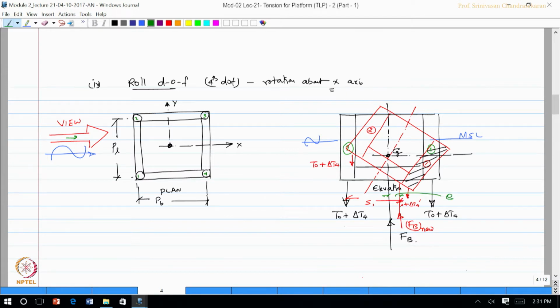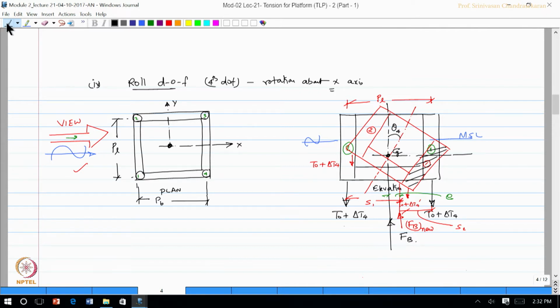Let this be E and let this distance be S2. Now, looking at this figure, one can guess the center to center dimension between 1 and 2 is PL. Now, we have given unit rotation of theta 4, which is roll.